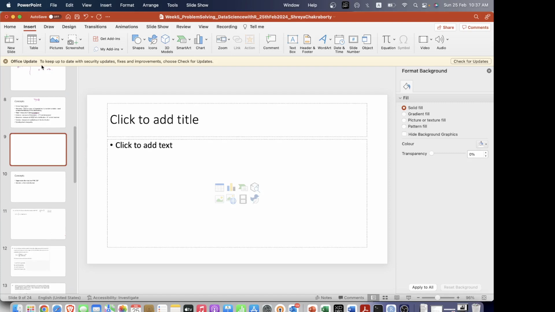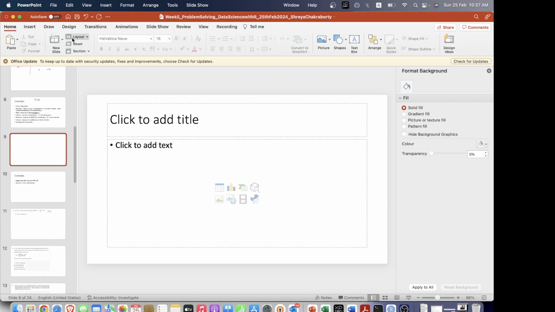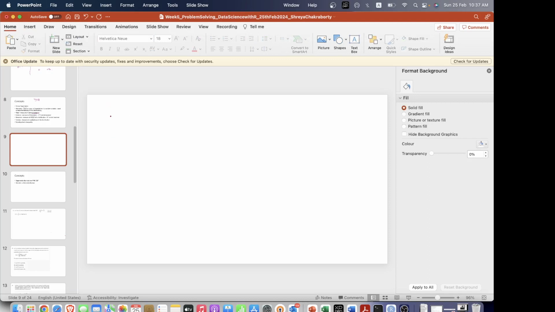Okay, so just to give a brief idea, let's say we have a distribution something like this. The data points are scattered over here.